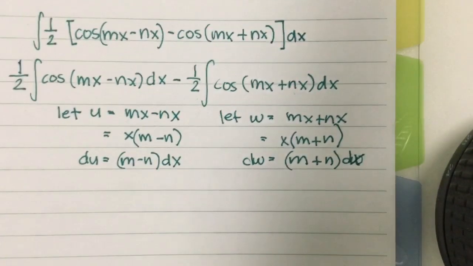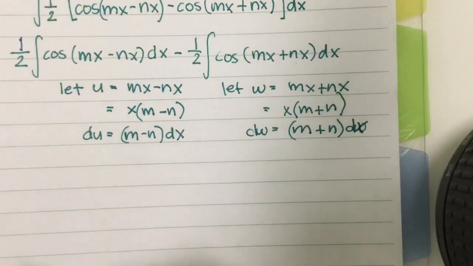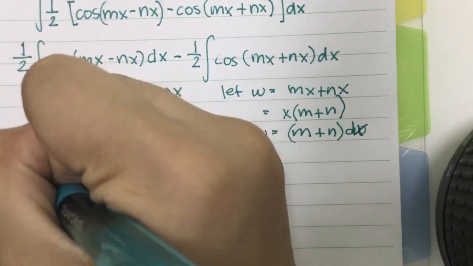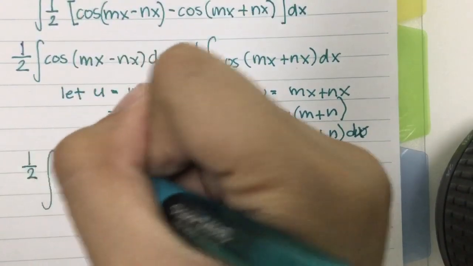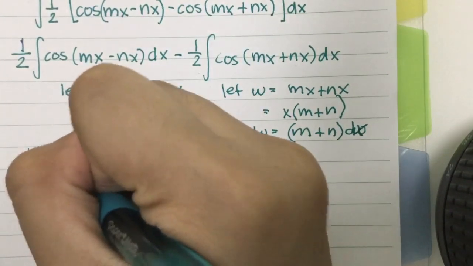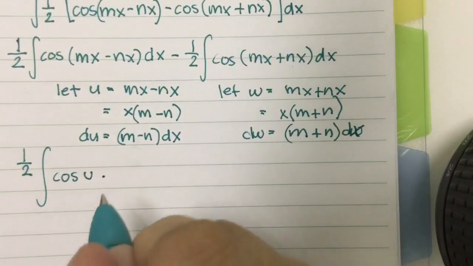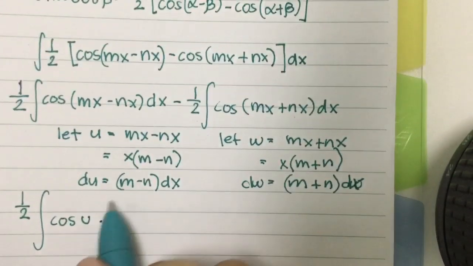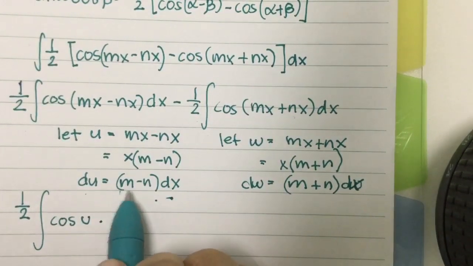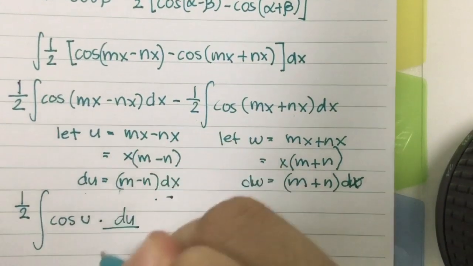So here we could easily substitute our values. We have 1/2 times the integral of cosine u times, since we have our du right here, to get our dx we have to multiply both sides by m minus n, giving us dx.